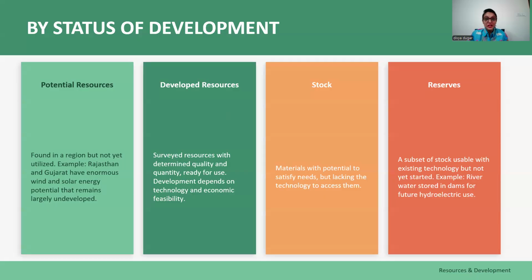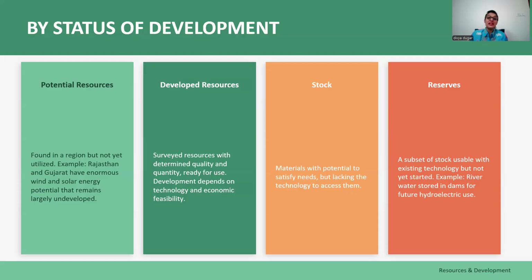Now, taking you to the next category, by the status of development. Children, by the status of development, we again have four very important resources: potential resource, developed resource, stock, and reserve. You need to understand the difference between all four.